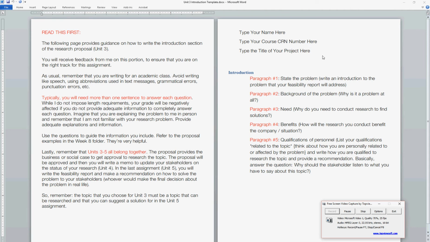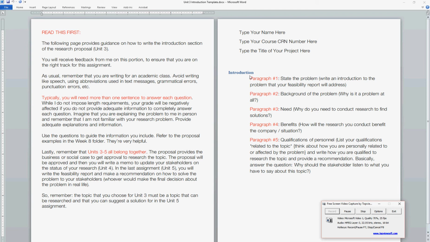So whatever the problem is that you're going to cover. For example, if you're going to use the standard assignment, I think that one is about switching paper providers. So you can make up a title and write it there. Whatever the title of your project is, just put it there.